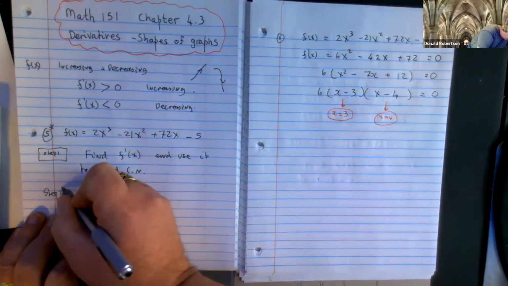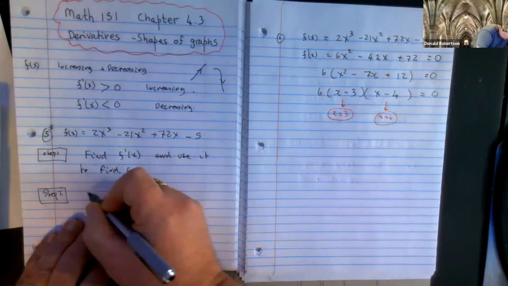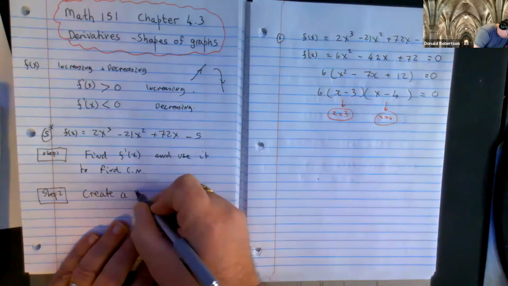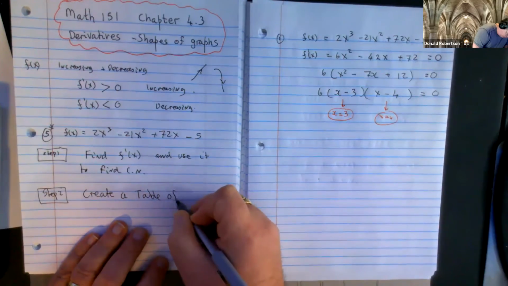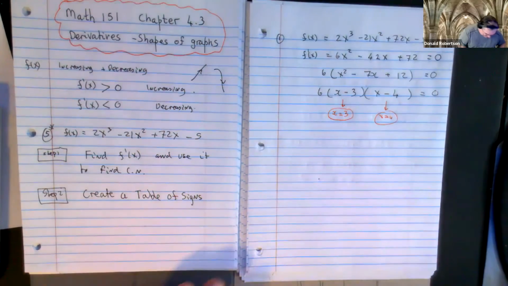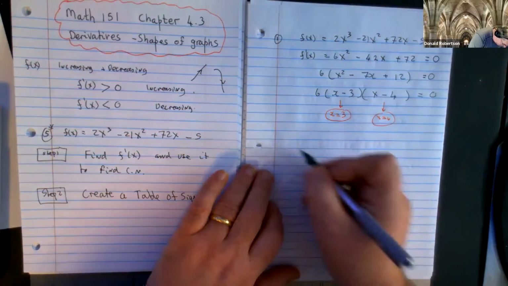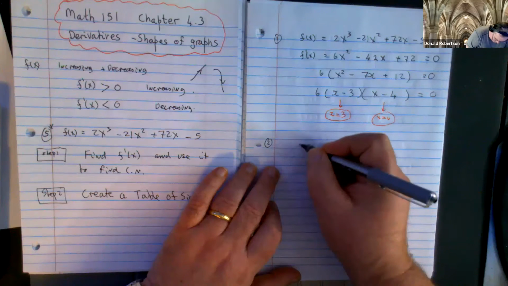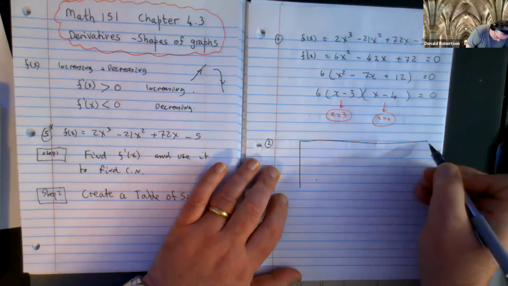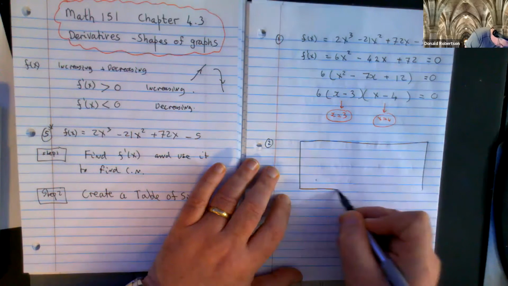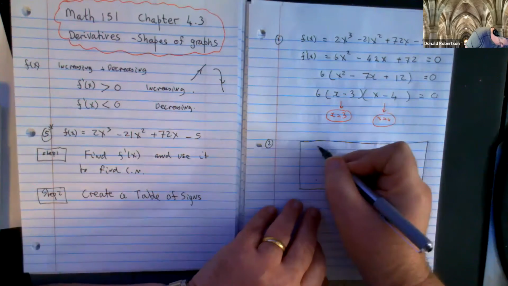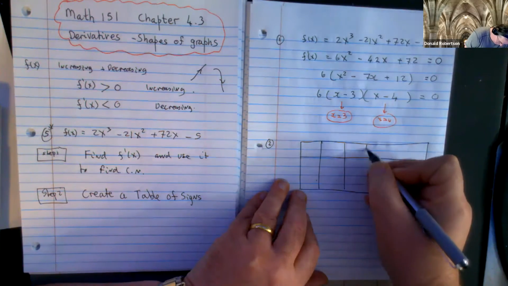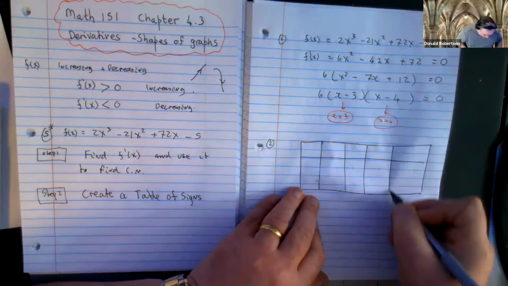Step 2 is to create what I call a table of signs. And this is where it gets a bit messy. This is what a table of signs kind of looks like. Hope I put enough verticals, so I might need one more.